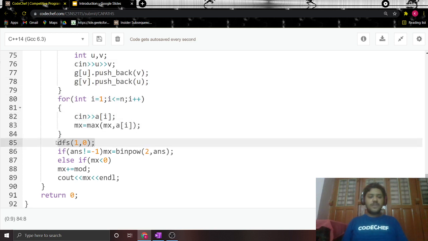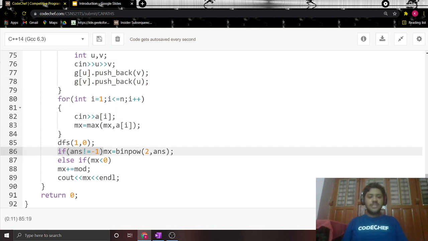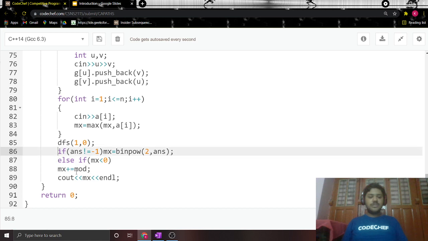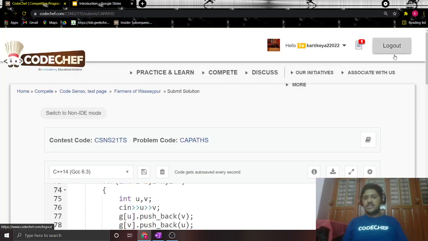Call the DFS function. If answer is not equal to -1, basically there exists a path with a positive product. Then I set mx equal to bin power of 2 comma answer, 2 raised to the power of that number of 2's. Answer represents the number of 2's on that particular path. Else if mx is less than 0, then I just add modulo, because I have to return the answer modulo something, and after that I print mx for every test case.